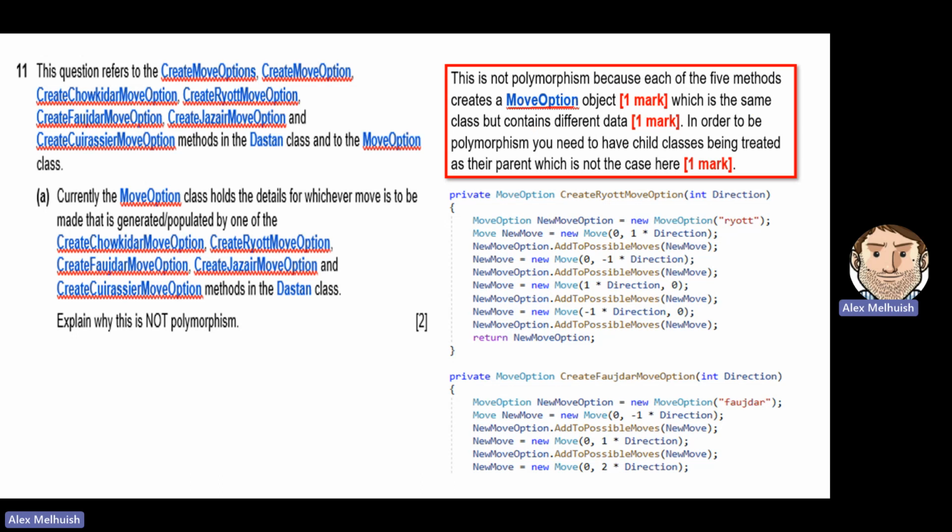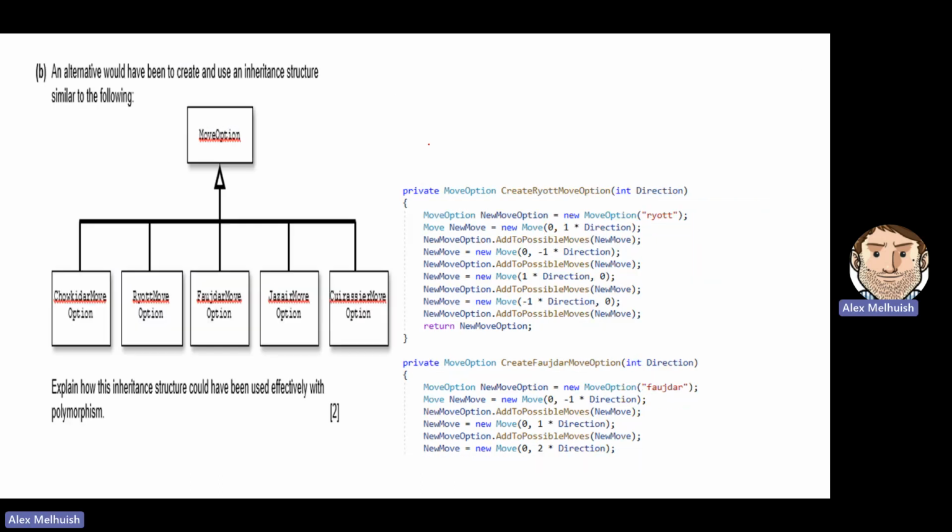That's not polymorphism. And I did give credit for answers that mentioned the fact that there was no subclass or child classes involved that were overriding the move method and implementing the functionality. A lot of people struggled with that, but there was no inheritance used, there was no child class, so it was not possible for the polymorphic behavior to be demonstrated. So that was the mark scheme for that question.